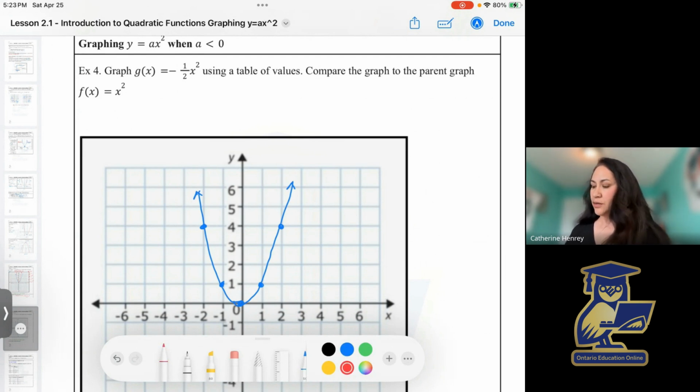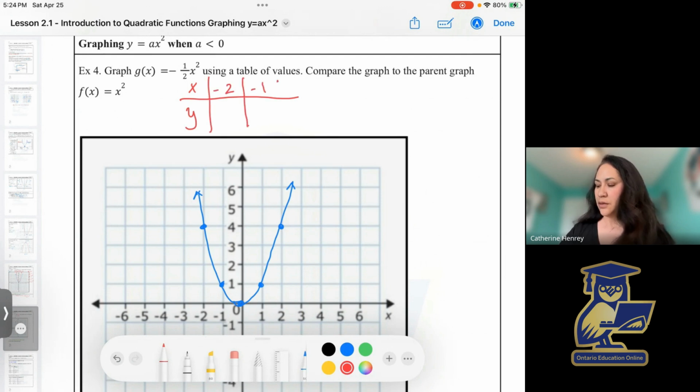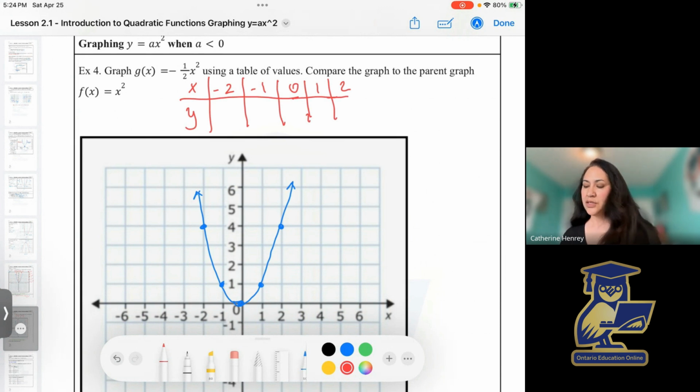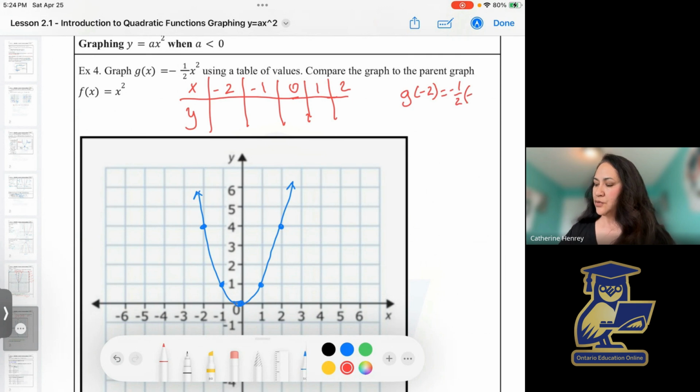Let's go to our table of values, and we will use similar x values to those in the parent function. So -2, -1, 0, 1, and 2. Let's plug those into our function and see what comes out. So g at -2 is going to be equal to -1/2 times (-2) squared.